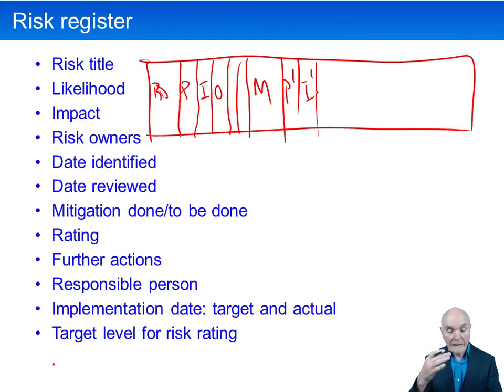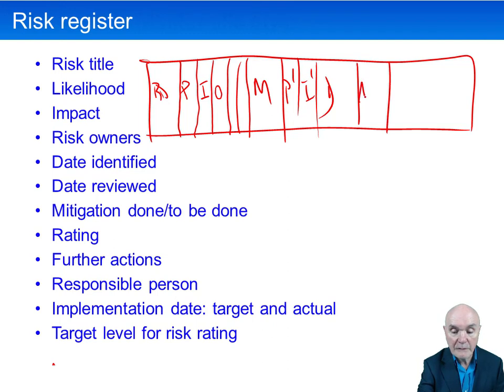We've got a responsible person, who could be the risk owner, and we have the dates in here, a deadline by which this should be implemented. Then you want people signing it off and putting the date. Do this by the end of the month, and when it's done, they put that this was done by the 29th of the month, and I'm signing it off as having accomplished this risk mitigation strategy.